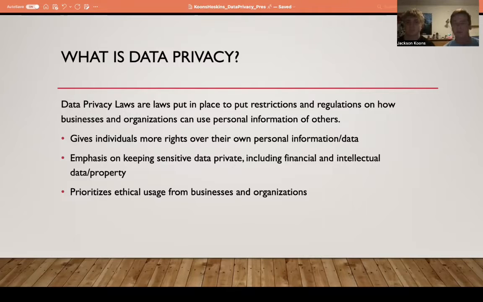This can include things like financial information and intellectual property, such as social security numbers or health records for different people. One of the driving forces behind data privacy is the ethical usage by businesses and organizations and how they handle that information.